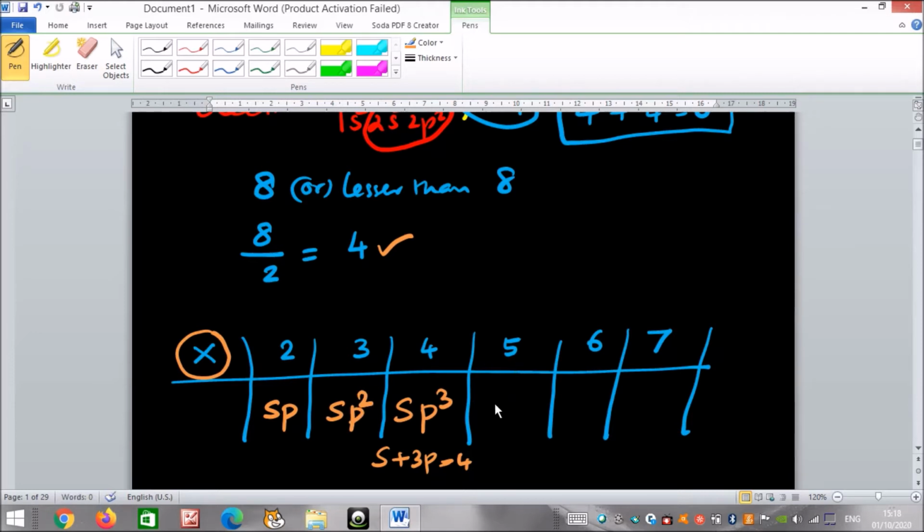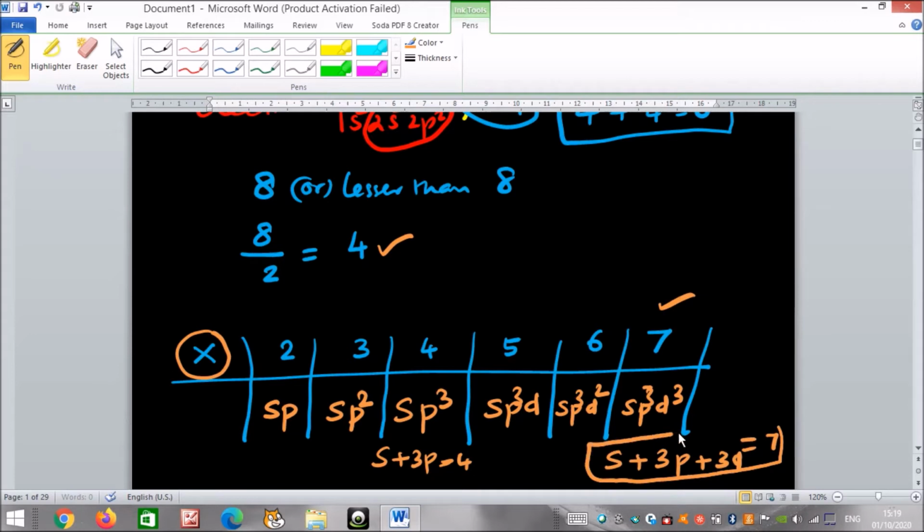If it is 5, we can say that it would be sp3d. If it is equal to 6, sp3d2. If it is 7, sp3d3. See, when the x value is equal to 7, one s orbital, 3 p orbitals, and 3 d orbitals put together, 7 orbitals are participating in the hybridization. So this x can determine the type of hybridization.